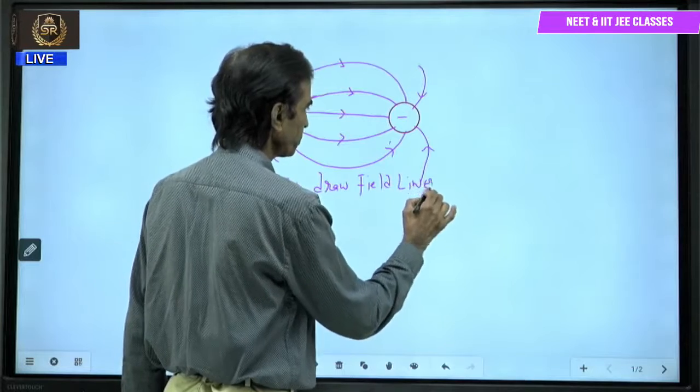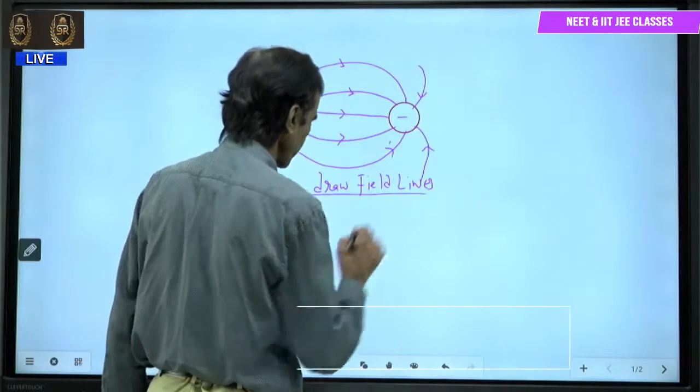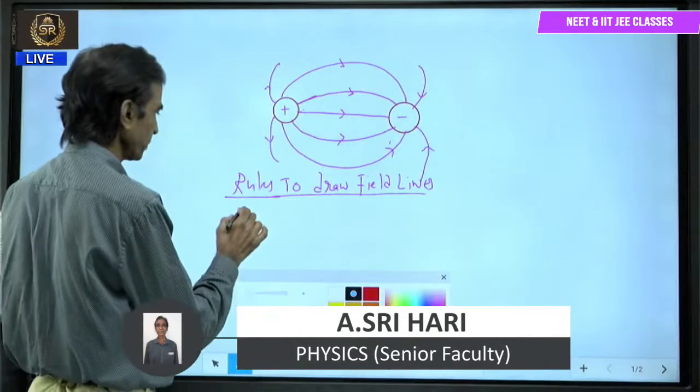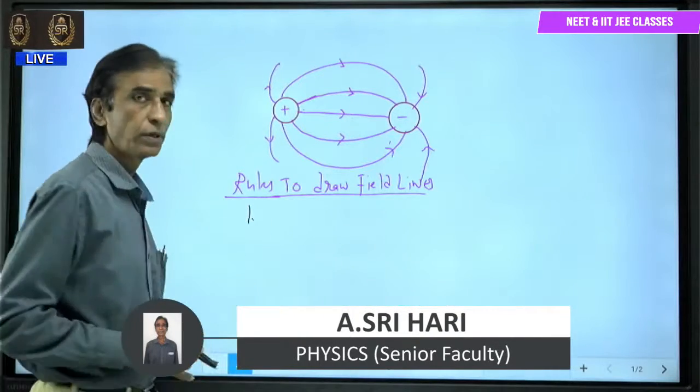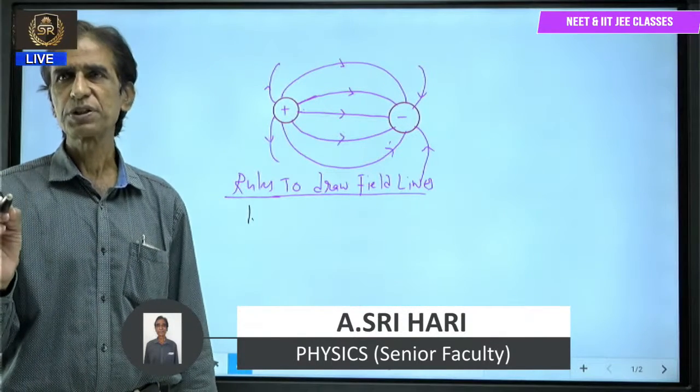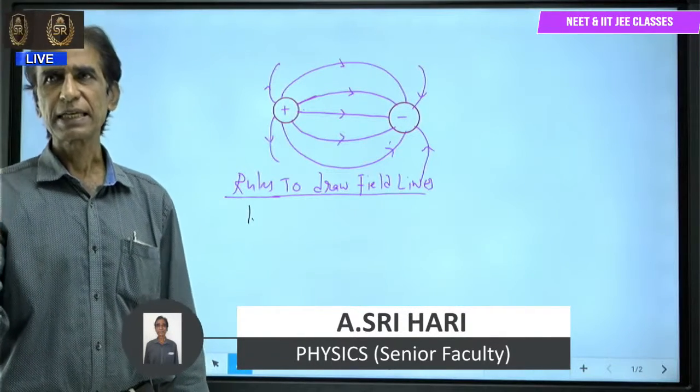These are the rules we have to see now. Rule number 1, I told you already. Electric field lines should originate from the positive charge and terminate at the negative charge.